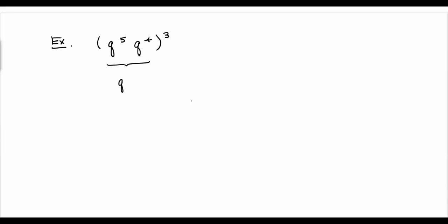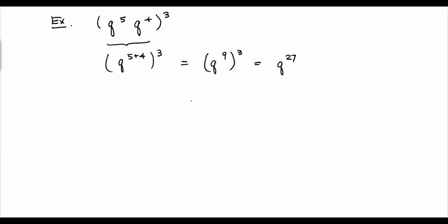So that becomes q to the 5 plus 4 inside, all raised to the third. So that's q to the ninth, all raised to the third. And I get q to the 27th.